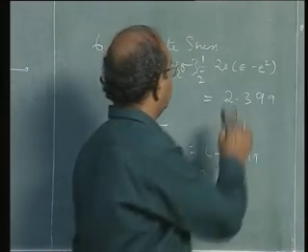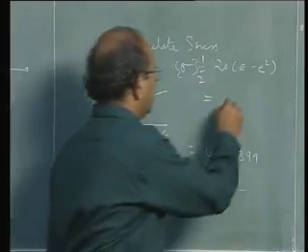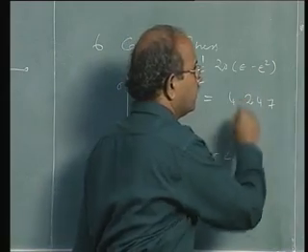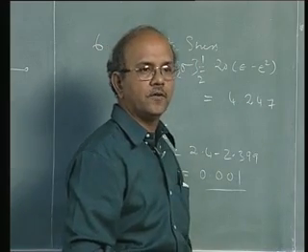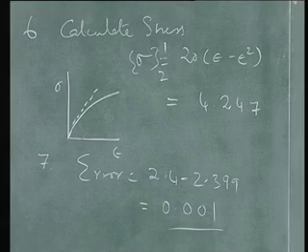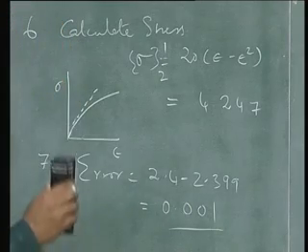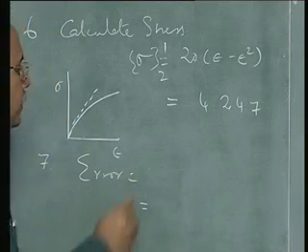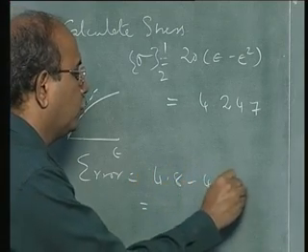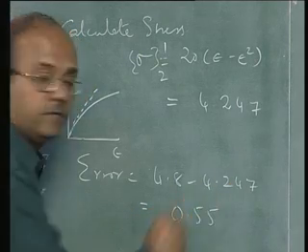Yes, substitute that epsilon here, and so that happens to be 4.247. So still I have error because it's 4.8 versus 4.247. Okay, so I have to go to the next iteration in this increment. Right. So the error at the end of the first iteration in my second increment happens to be 4.8 minus 4.247, 0.553.